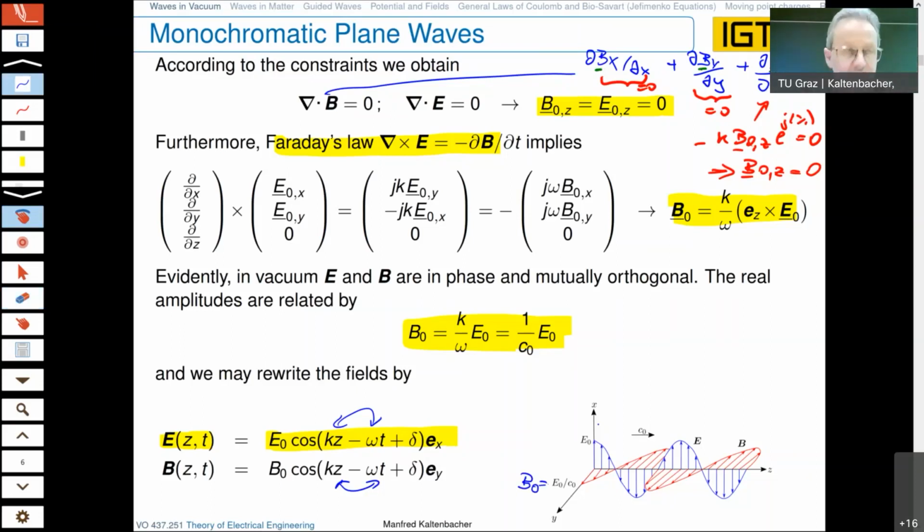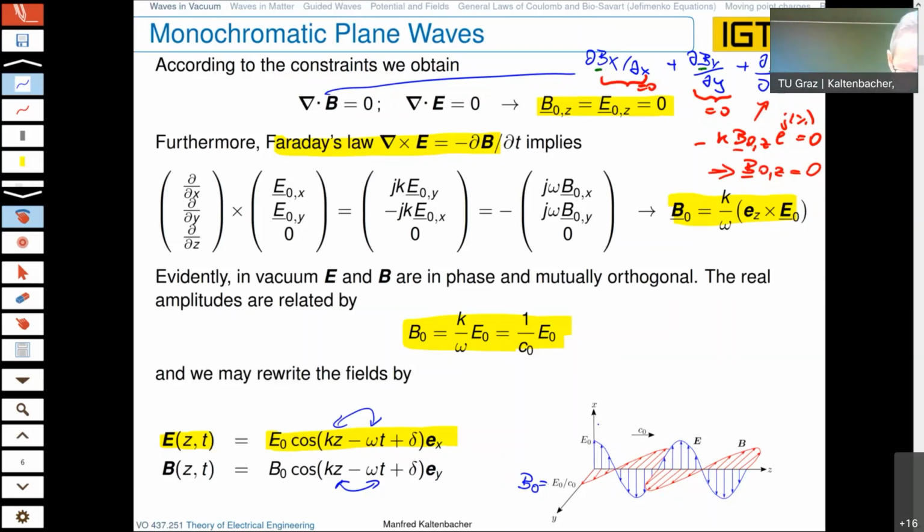There is no phase shift. If there is a phase shift, they have the same phase, because it's lossless. It will be different if we have a lossy material, and they are orthogonal. So we see it is a typical transversal wave where within the plane you have the B and the E field being orthogonal, and they propagate in z direction.